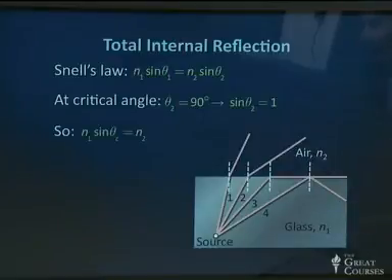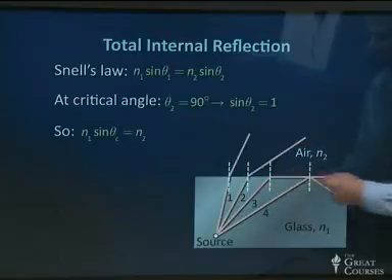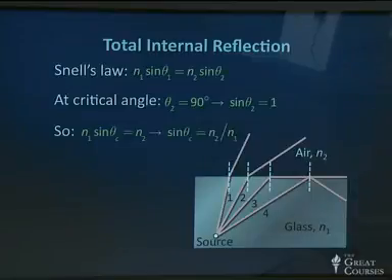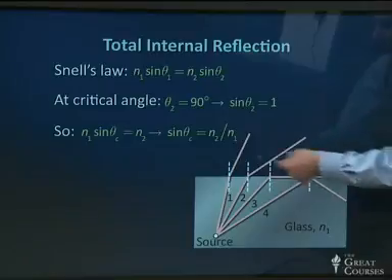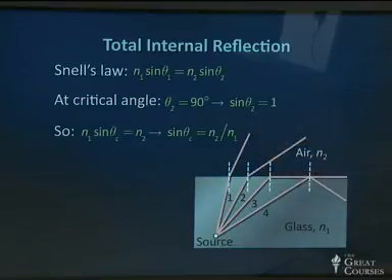So in Snell's law, we have n1 sine theta 1, but I'm going to call theta 1 theta sub c because it's that critical angle, is equal to n2, the refractive index of the air. And so sine theta c is n2, the refractive index of the air, over n1, the refractive index of the glass.